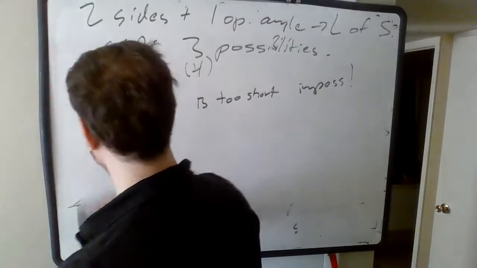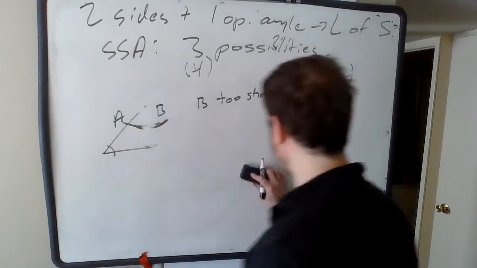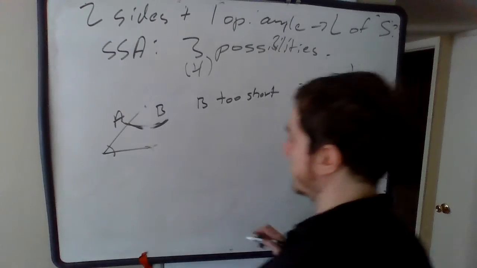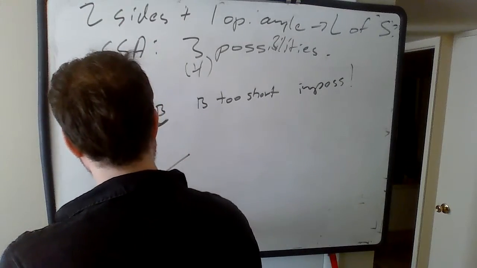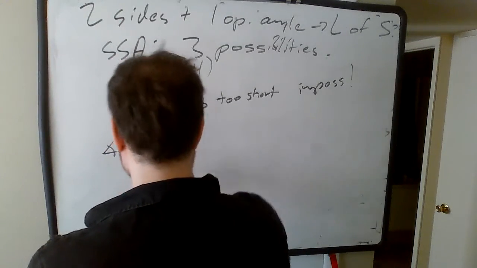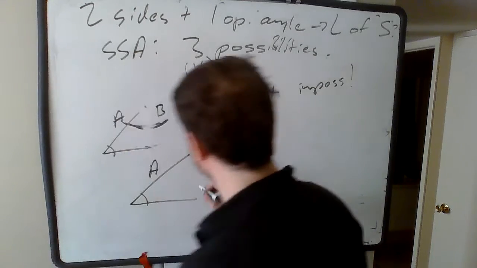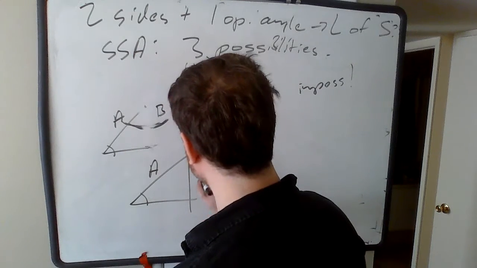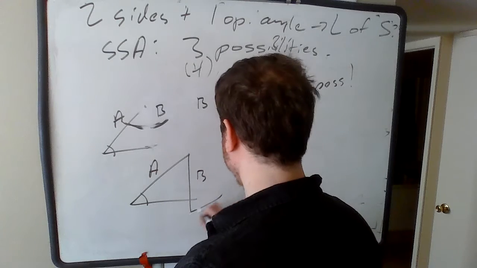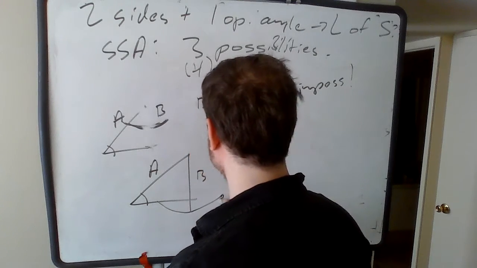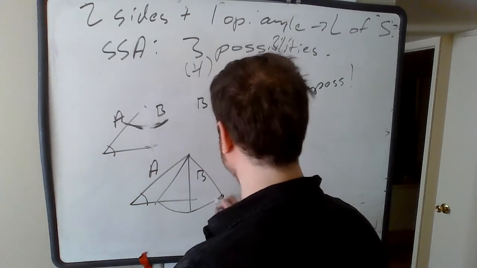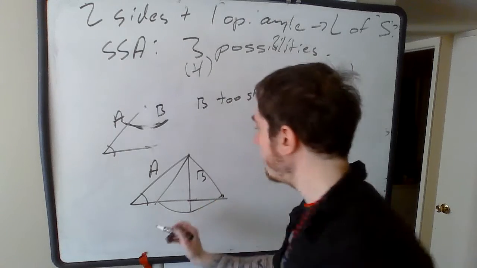A third possibility is that there are 2 choices. So maybe the dimensions come out in the following way. I give you this angle and I give you this side A, and then I give you a side of length B, but maybe there's actually 2 different triangles that will match this up.